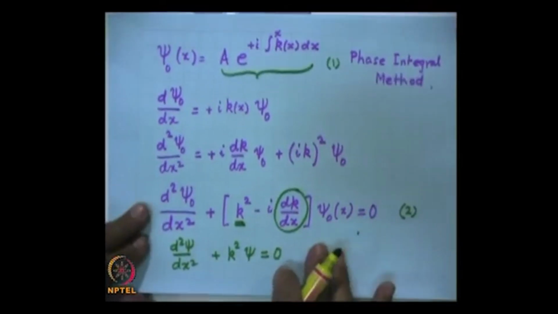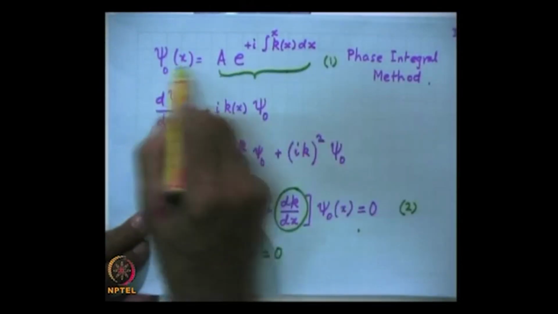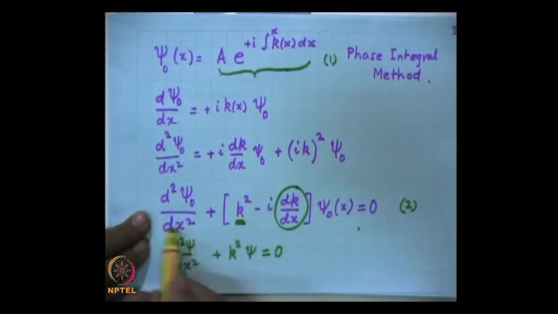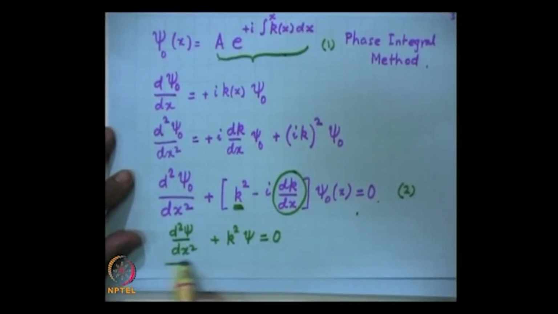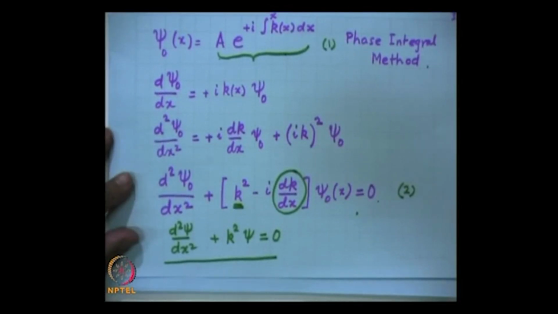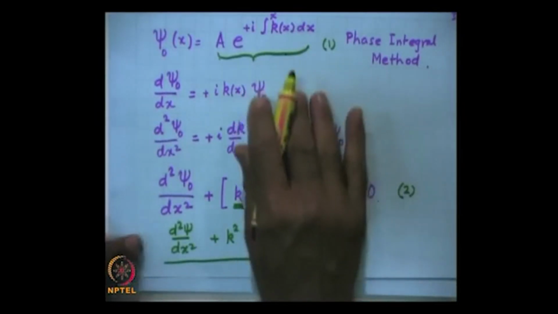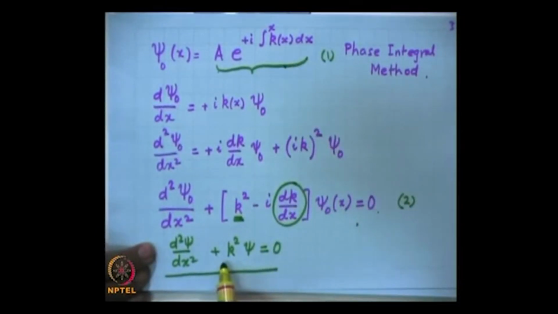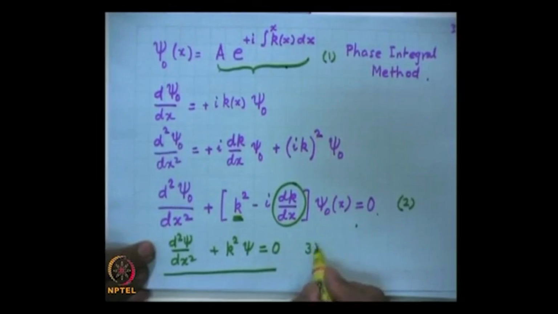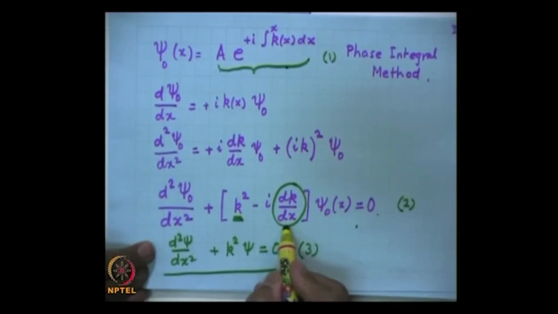Once again, this function psi 0 of x is a rigorously correct solution of Equation 2, but what we had wanted to solve was this equation, and therefore this will be an accurate solution of Equation 3, provided we are able to neglect this term.